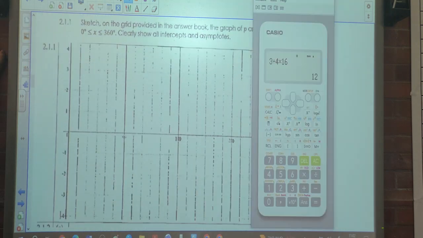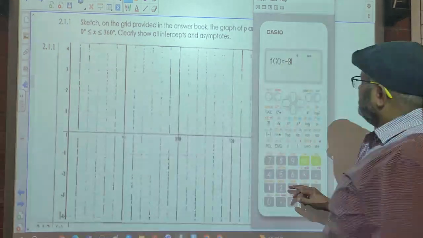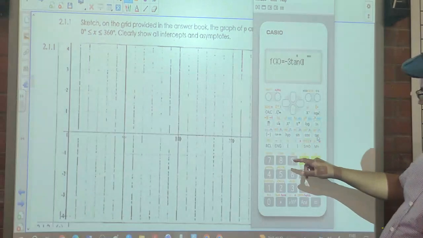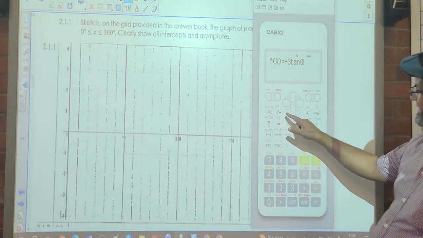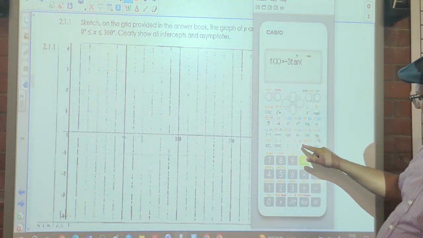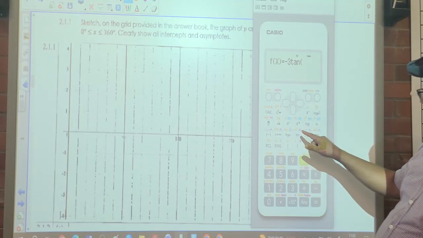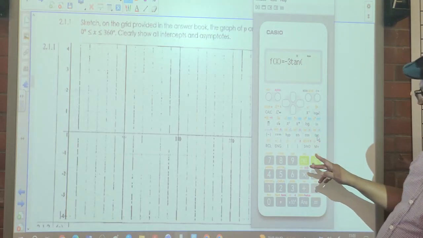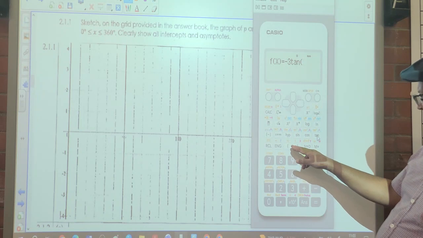Alright, so what we do is we press table, first mode, table, which is 7, and you calculate this, it will be 3. So now we press -3 tan x. To check where your x is, you can't see clearly here, it should be here somewhere.